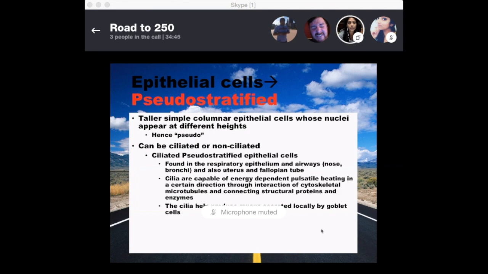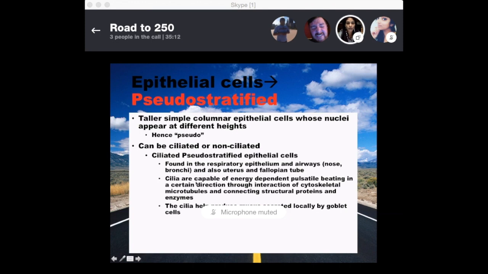These cells can be ciliated or non-ciliated. The ciliated pseudostratified epithelial cells are more high yield, as they are found in the respiratory epithelium and airways like the nose and bronchi, and also in the uterus and fallopian tube.